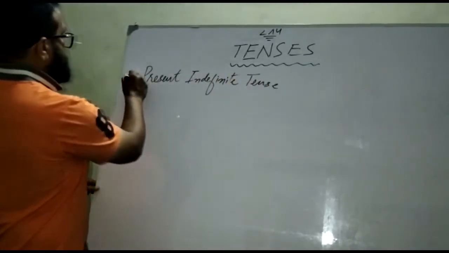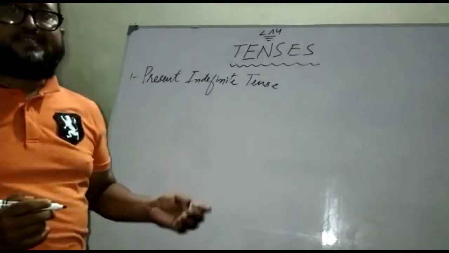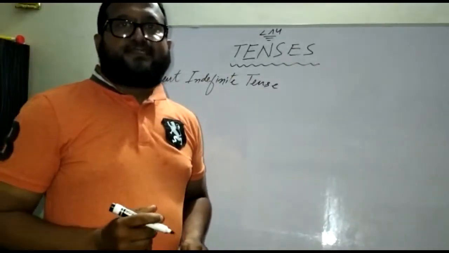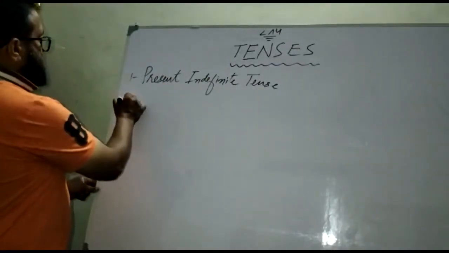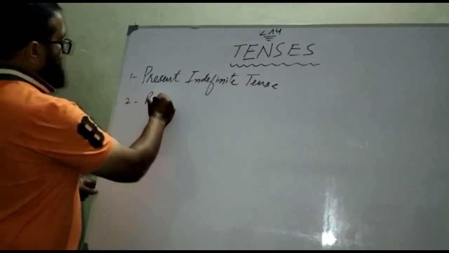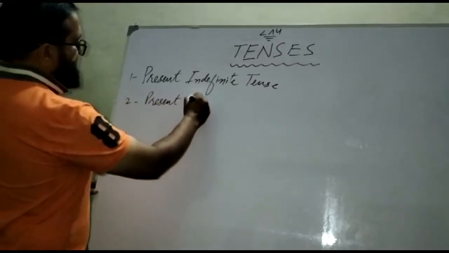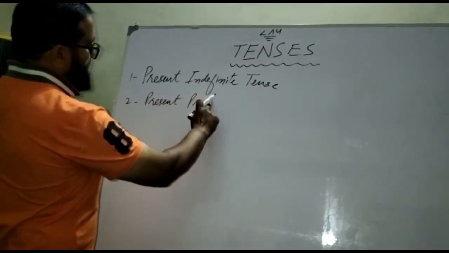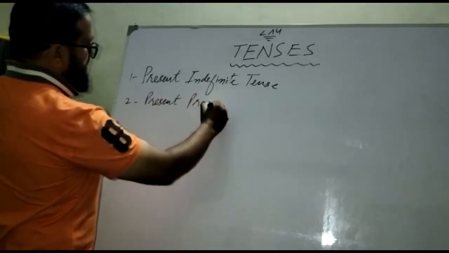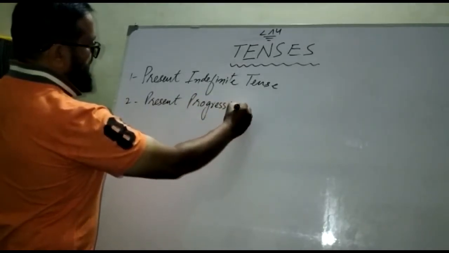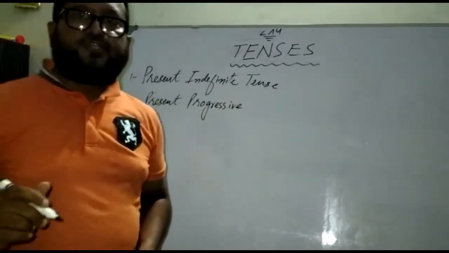So this is the first tense. Another name of present indefinite tense is simple present tense. The second tense is present progressive tense. It is also called present continuous tense.